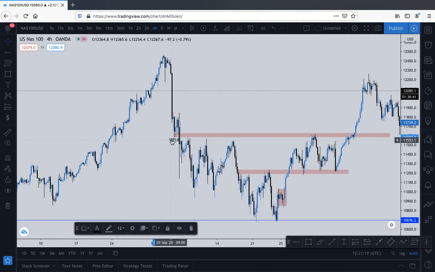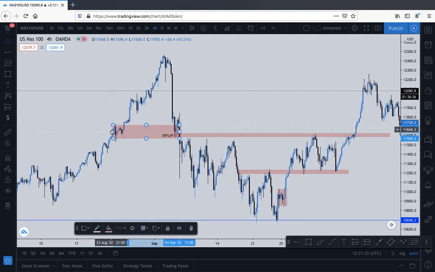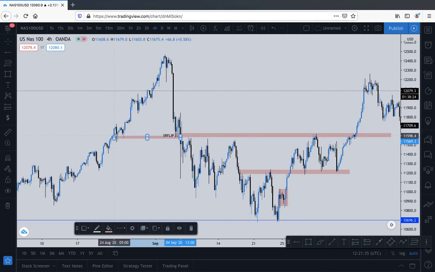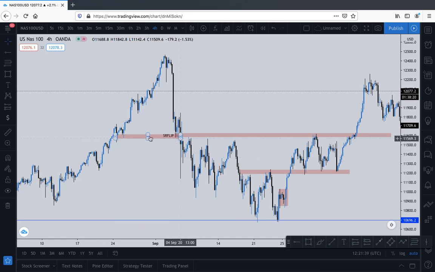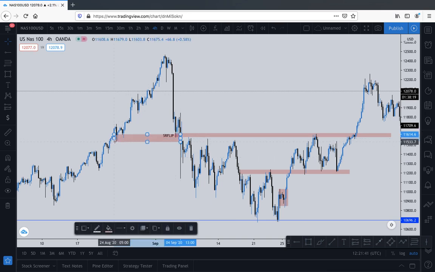Then the market, because of this rejection, we have multiple rejections. The one that was happening on this area, you see this area. The market tested this area before. Let me just draw like this. So as you can check, the market tested this zone before they went upside.